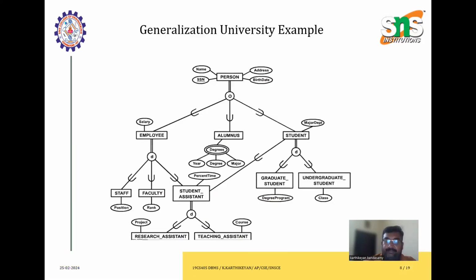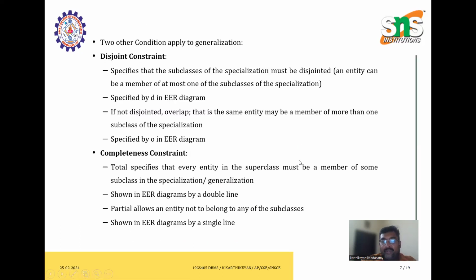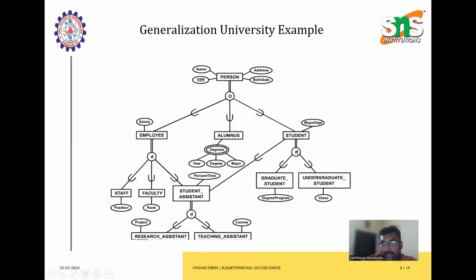This is an employee, this is an alumnus, the student name. The double line is called the complete constraint, and disjoint is denoted by the letter D. So these are the constraints.